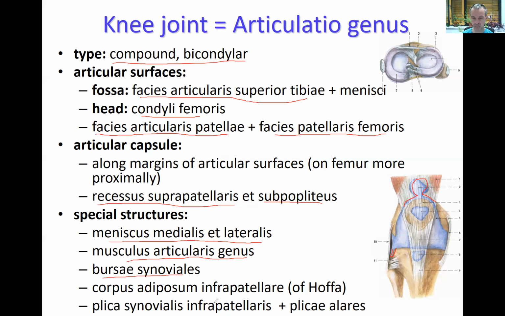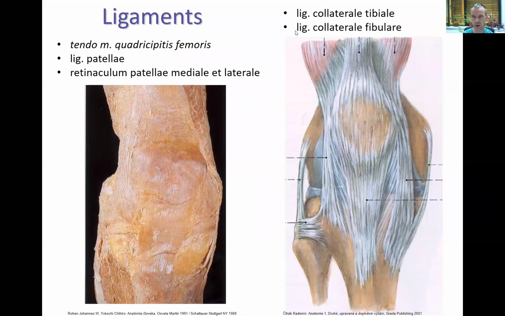Inside, below the level of the patella, we find a fat pad, and at the same level a synovial fold, which then splits to the sides as the so-called alar folds. So that's the brief overview of the main structures.